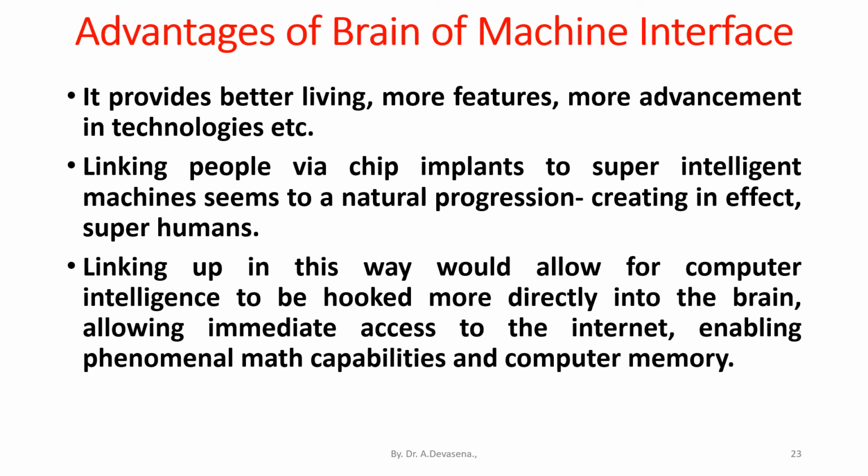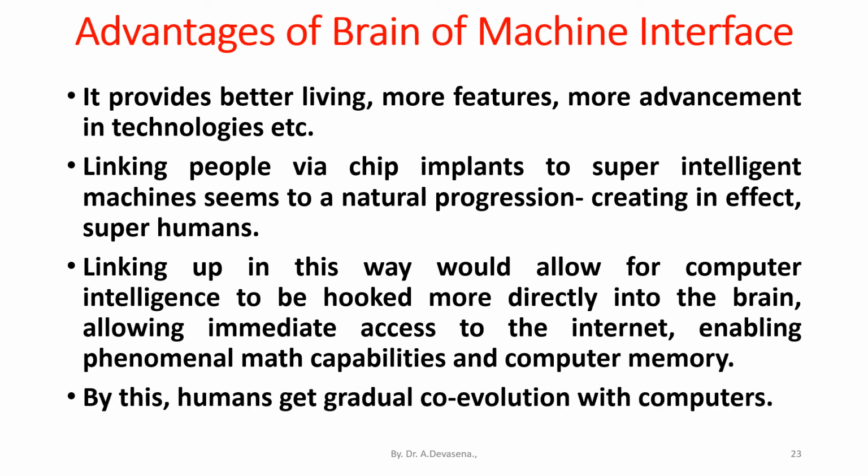Linking up in this way would allow for computer intelligence to be hooked more directly into the brain, allowing immediate access to the internet, enabling phenomenal math capabilities and computer memory. By this, humans get gradual co-evolution with computers.